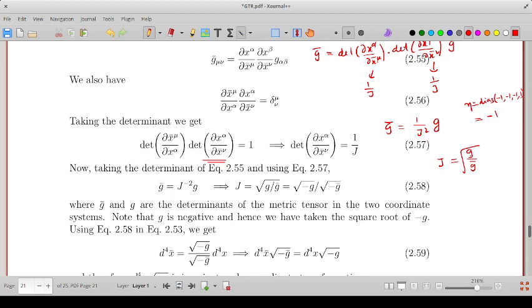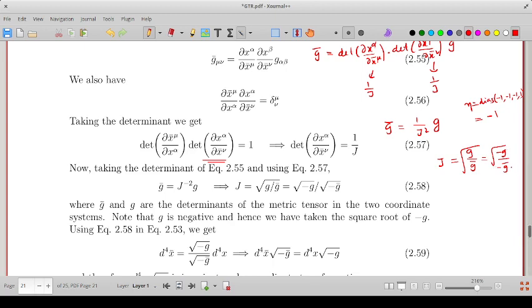So we see that the metric tensor has a determinant, in this particular choice of the metric tensor that we are using, the particular choice of the interval that we are using, that is given by a negative number. So this quantity can also be written as minus g by minus g bar.